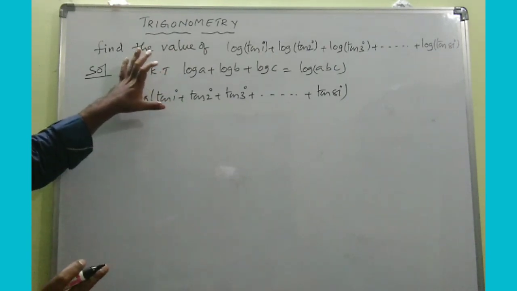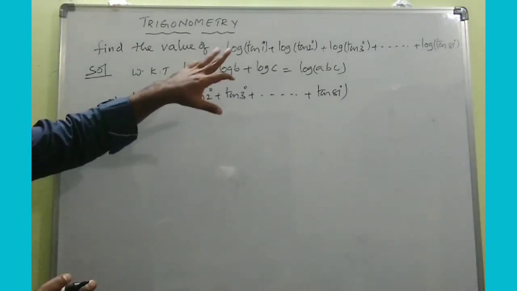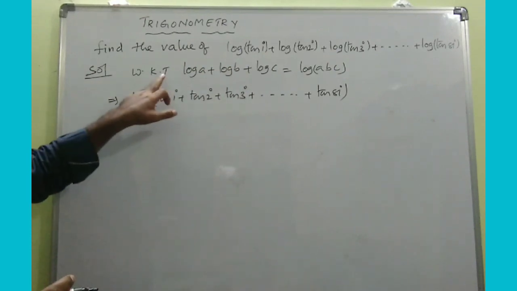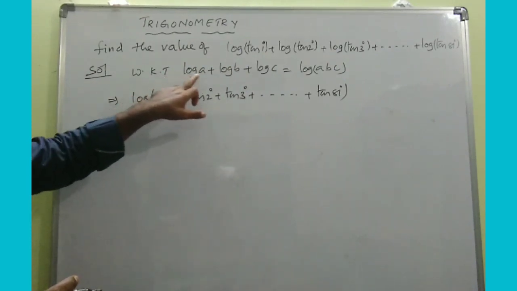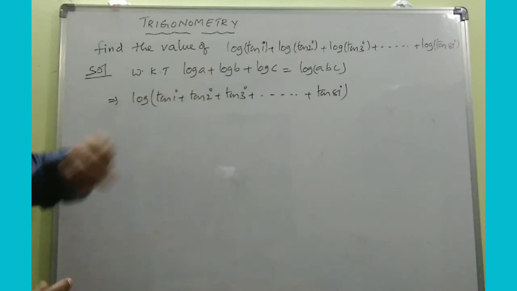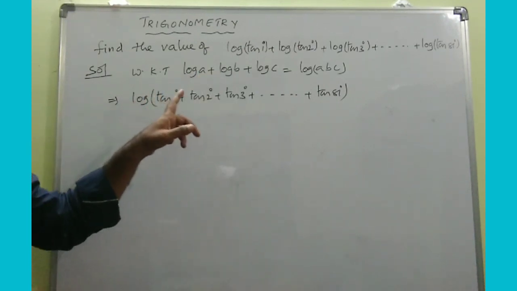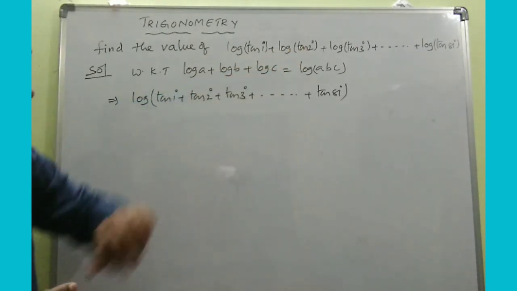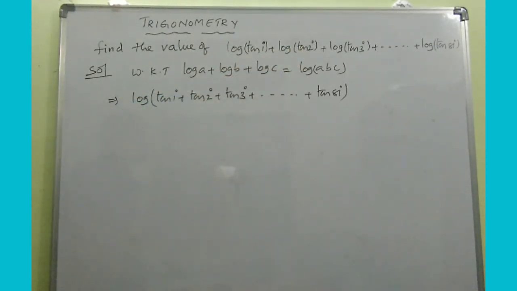So this is based on logarithms and trigonometry. Basically we all know the concept of logarithm when their bases are the same. I mean here no base is indicated. That indicates the base is 10, which we already discussed earlier.